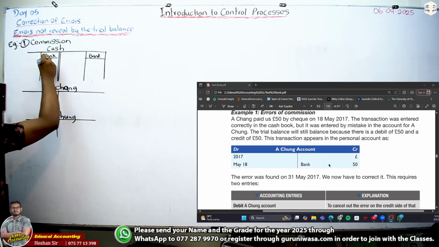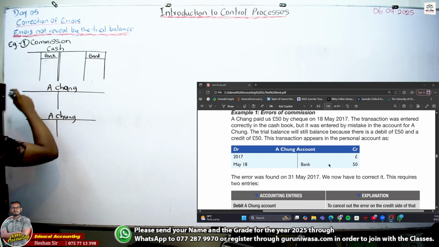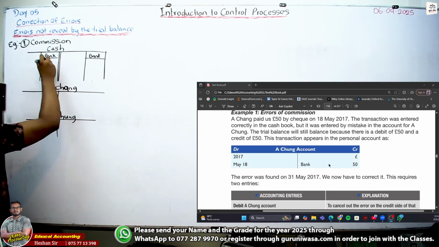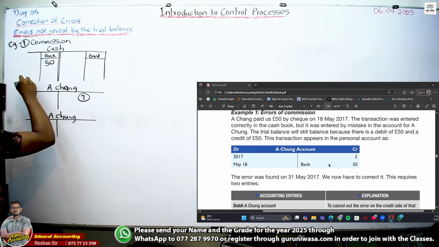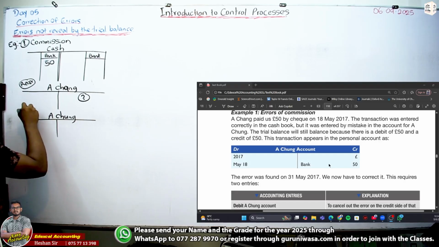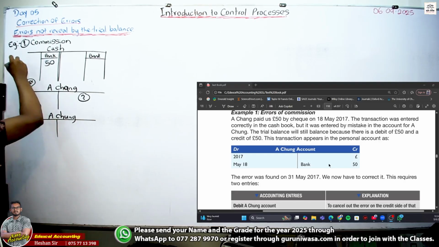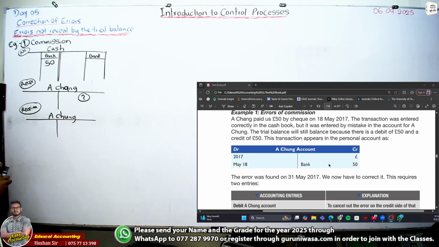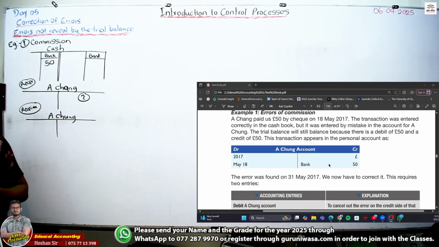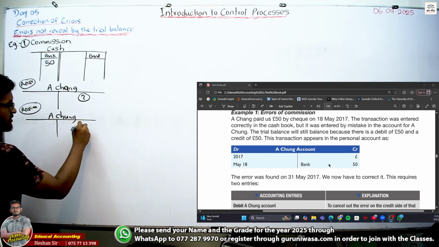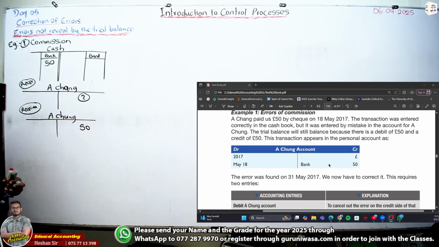It should be credited to Chang, but both are in the receivable ledger. Both are receivable accounts, in the receivable ledger. Instead, we credited to the wrong one, Chung. You can see the name, right?